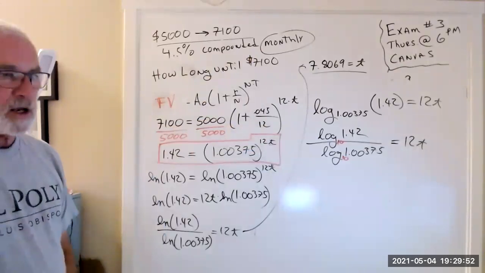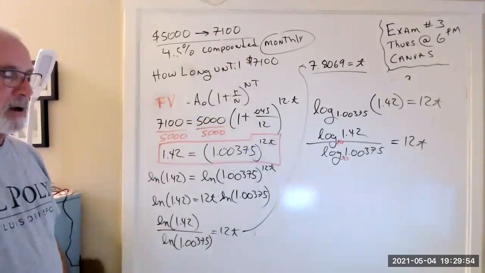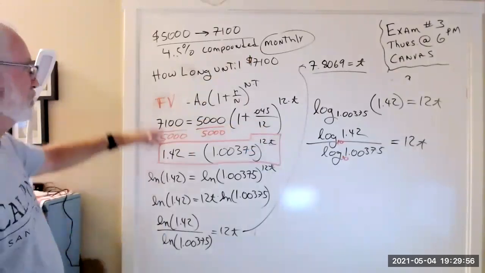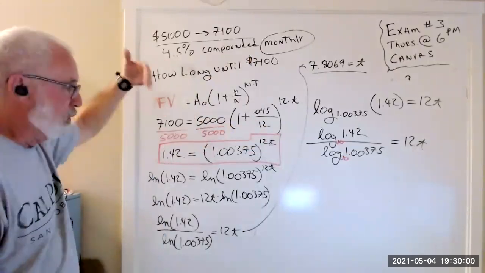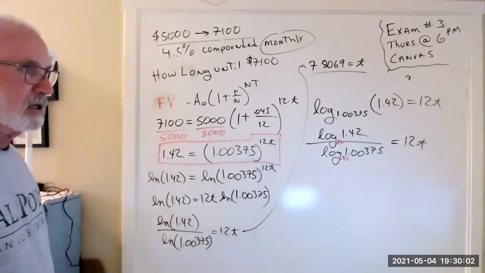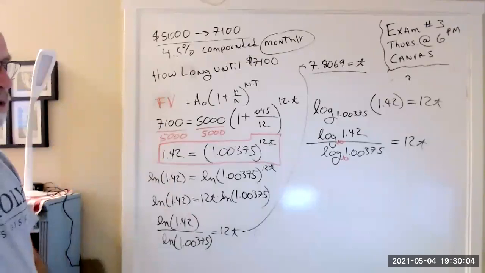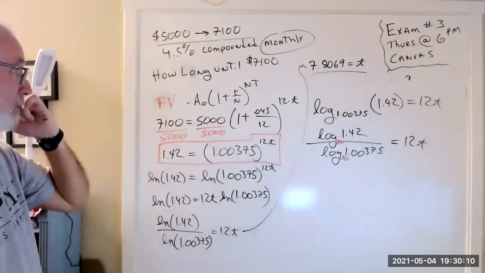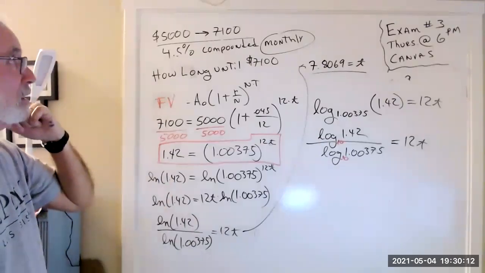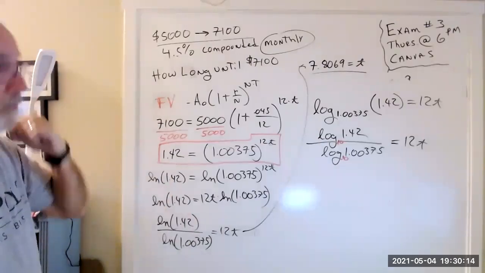I don't know why you guys missed it. Was it just you screwed up, you put the wrong numbers in, or you made an algebra mistake? I don't know, but are you okay with it now? I hear no sign. Questions? We okay? All right.